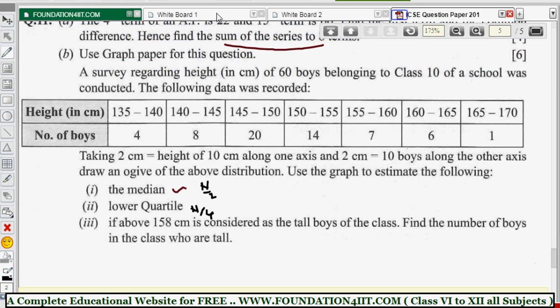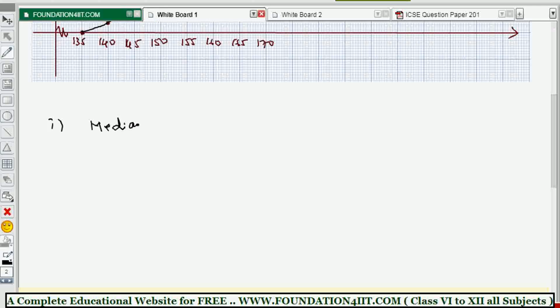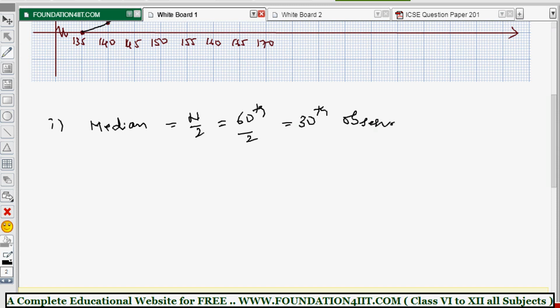Now we need to find the median first, that is equal to n by 2. So 60 divided by 2, so the 30th observation. So for the 30th observation, you can take a straight line.